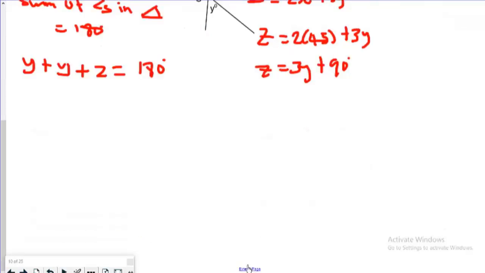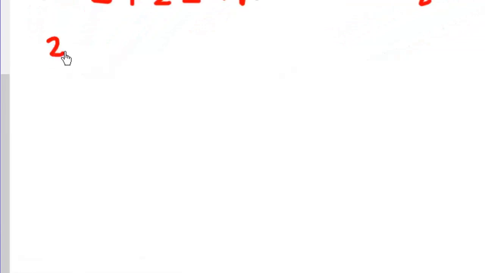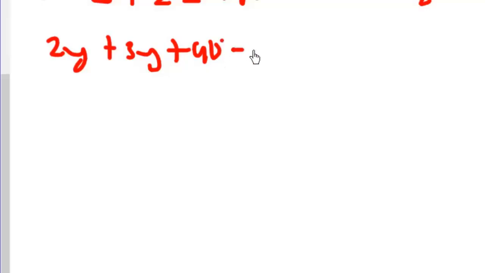Now you have to know that z is equal to 3y plus 90, so we have 2y plus 3y plus 90 is equal to 180 degrees.